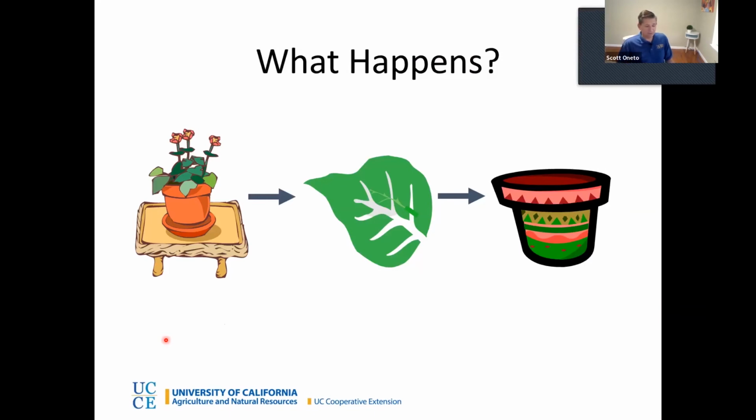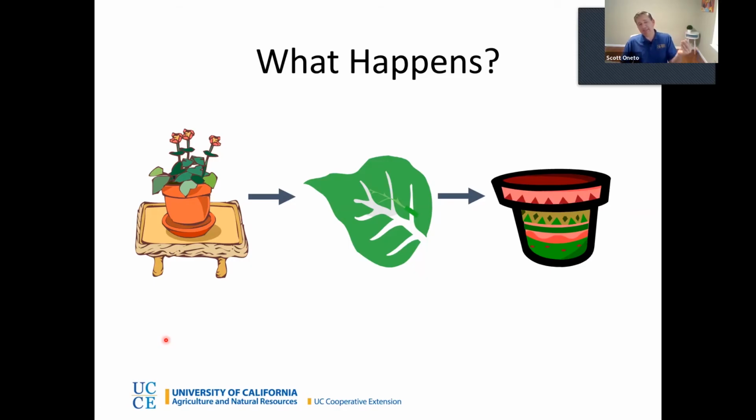So I'd like to move on to a different topic. And this is part of the first couple slides. I talked about this idea of plants being able to regenerate lost organs. And so I'm sure we've all done this or have seen this happen where we have maybe our favorite plant that we want to share with our friends or our neighbors.